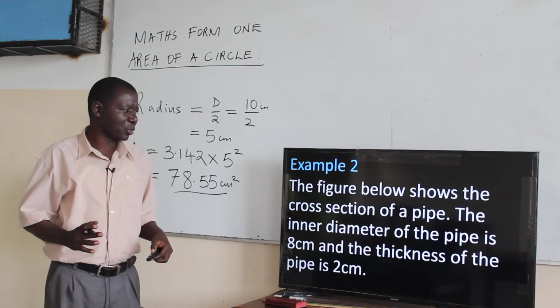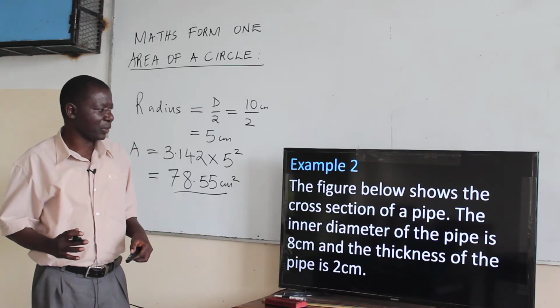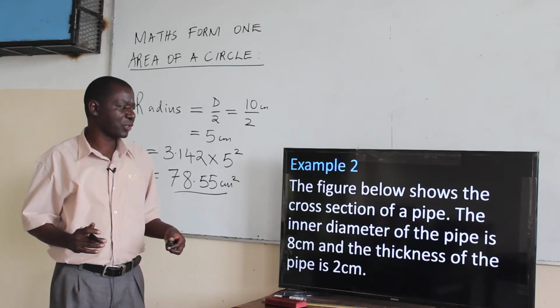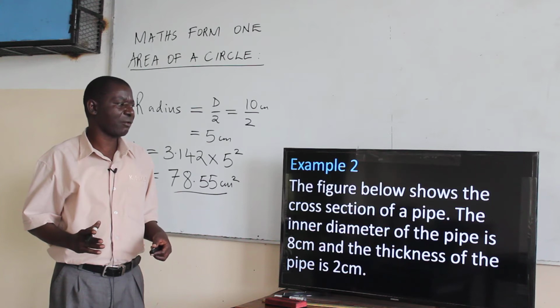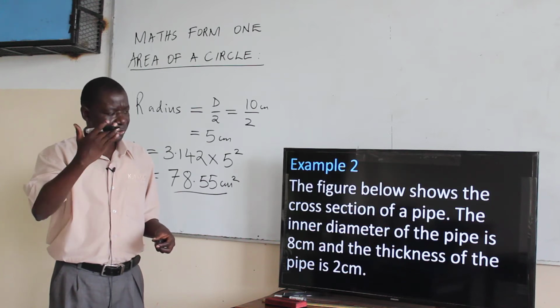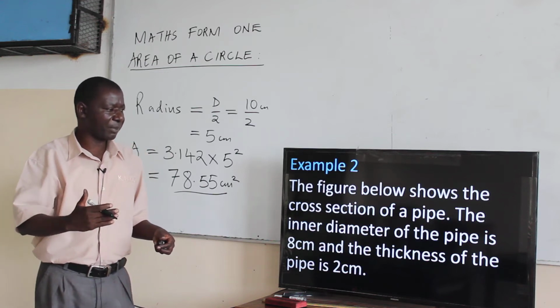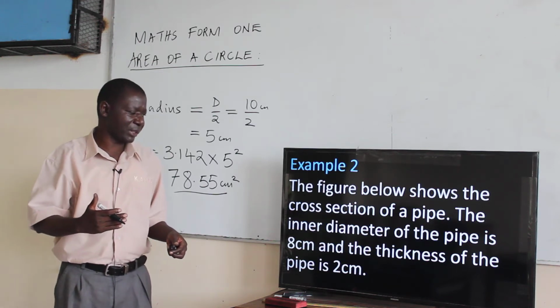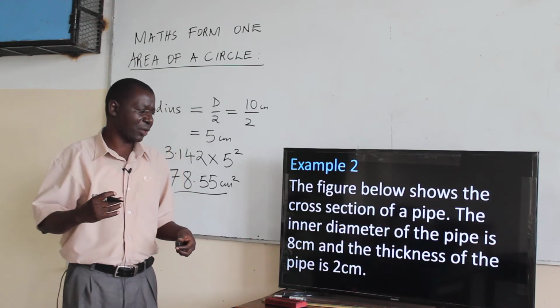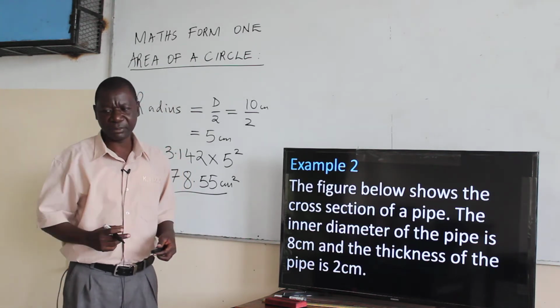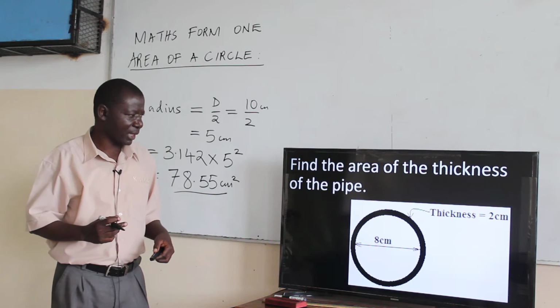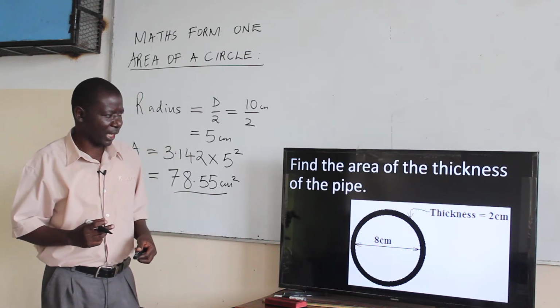An example 2. The figure below shows the cross section of a pipe. The inner diameter of the pipe is 8 centimeters and the thickness of the pipe is 2 centimeters. The diagram is shown there.